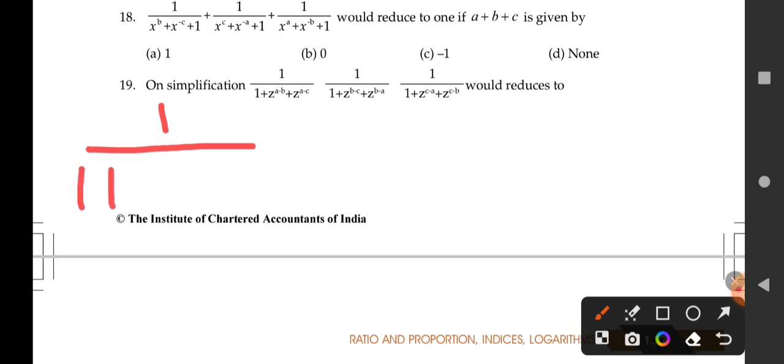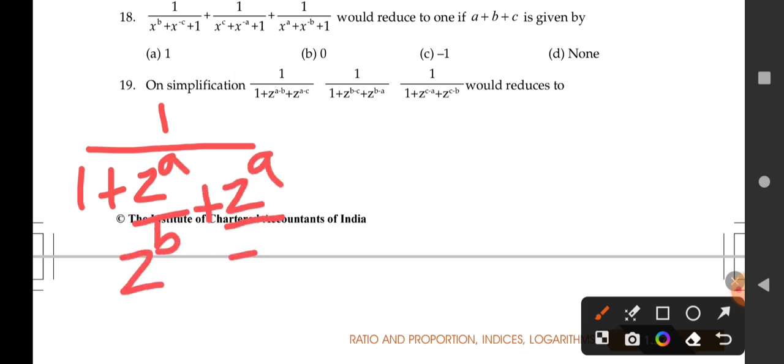So we have 1 divided by 1 plus z power a divided by z power b plus z power a divided by z power c. I'm going to expand only the first term, and each of the terms has additions in between. The addition is missing over here.